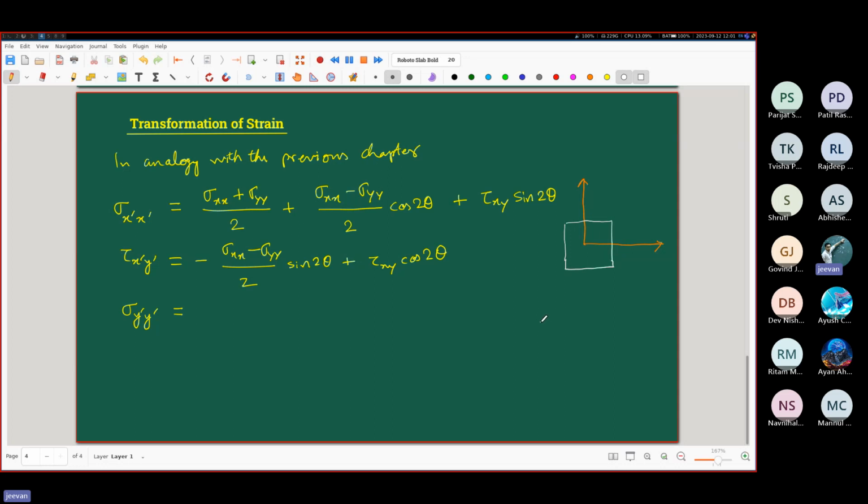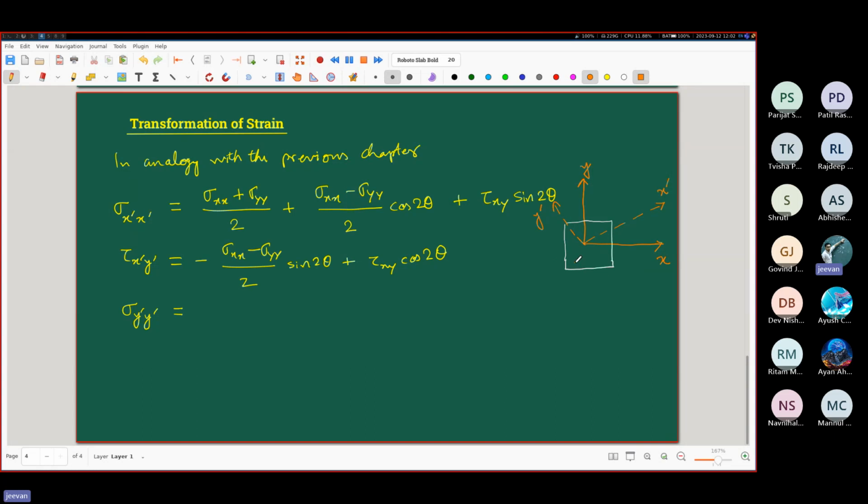But when you are talking about this x dash, we are considering this kind of axis. So this is our x, this is our y, this is our x dash, and correspondingly this is our y dash.